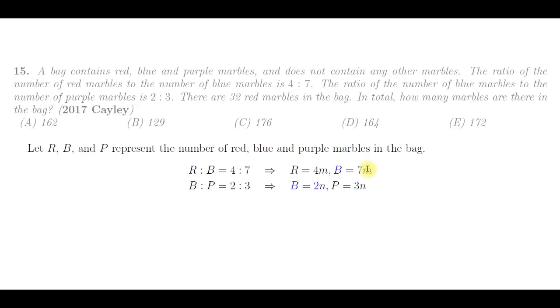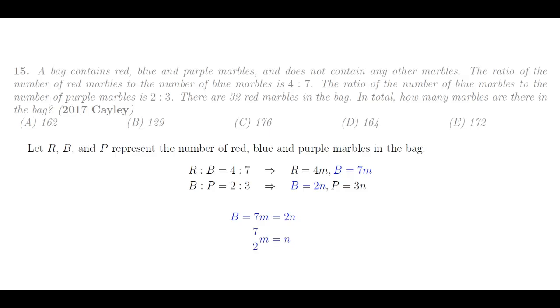But now we've got the blue ones match up. So these are both representing the same number of things, so I can equate those two variables. And really, I'm interested in how all three of these things relate, so I really want to use one variable.